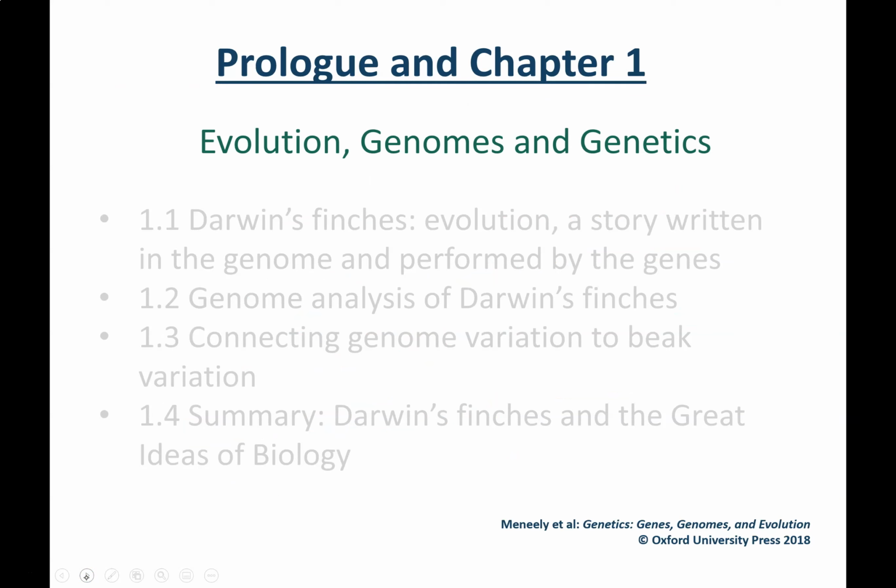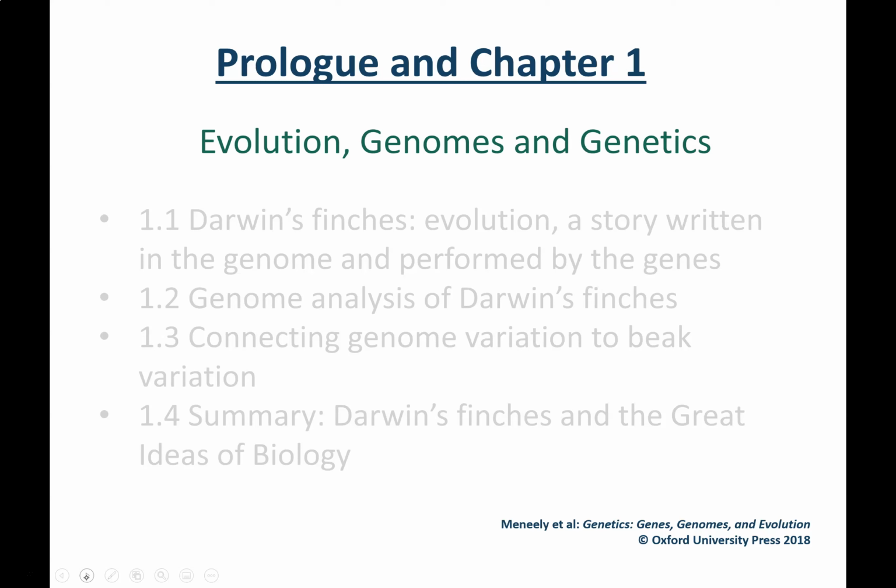So as I said, we're mostly going to skip over the prologue and chapter 1. The prologue is a great review of some overall ideas in biology as they relate to genetics. So that is definitely worth a skim, especially if you haven't taken intro biology in a while, or if you're coming back after a long break.